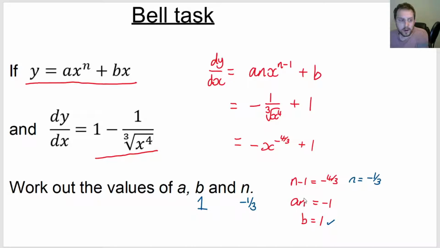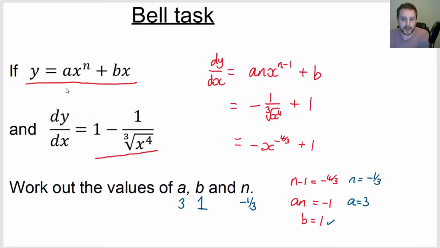And then we now know that n is minus 1/3. So times both sides by minus 3, and you would have a is 3. Right? If you do 3 times minus 1/3, you get the minus 1 that we want. Okay, so it turns out that a was 3, b was 1, and n was minus 1/3.